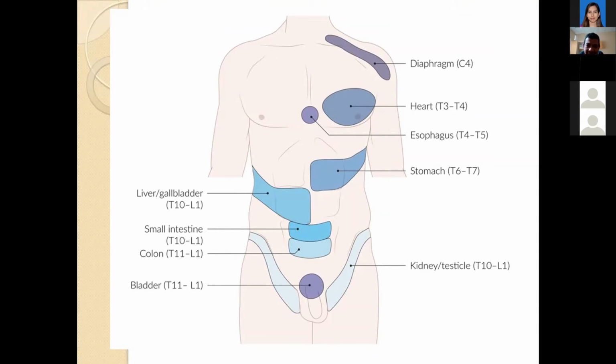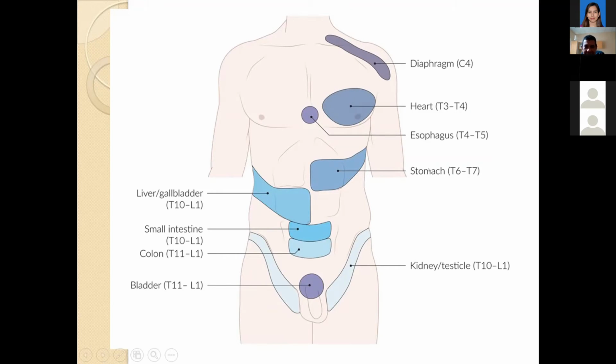For example, I mentioned just now diaphragmatic pain at the tip of the shoulder. The patient actually has diaphragmatic irritation because of a collection or whatever, but the pain is felt at the tip of the shoulder. This is the diaphragm here. Heart pain we usually do not deal with; we refer to medical.